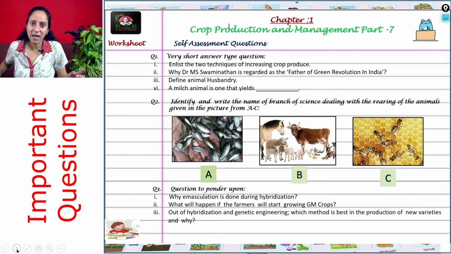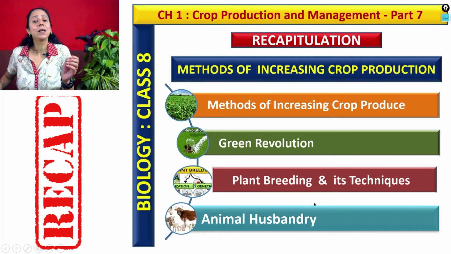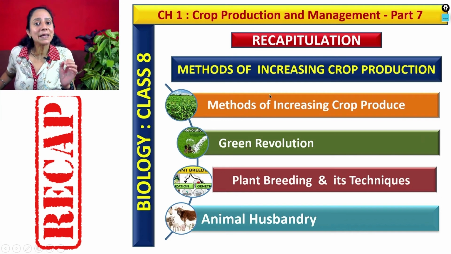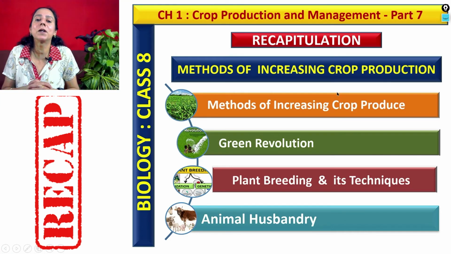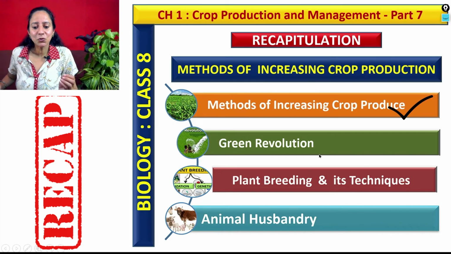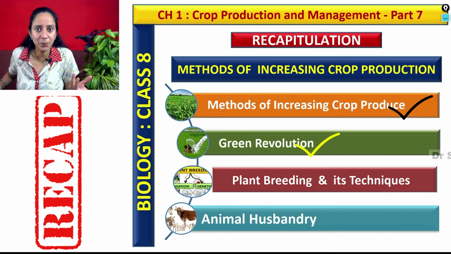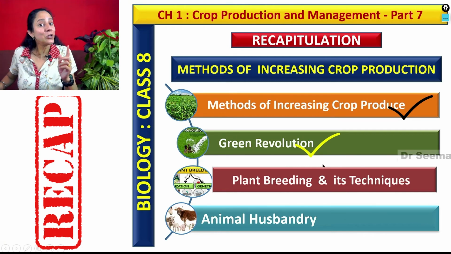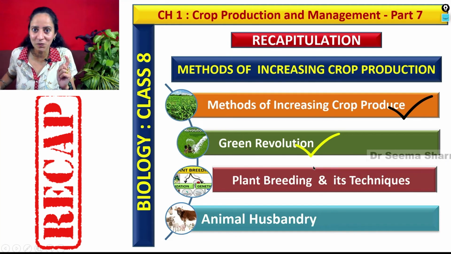So now it's time to summarize. In today's video, my students have learnt about different methods of increasing crop produce. You also came to know about Green Revolution, when it started, who started it, and what was the end product of this revolution. You also got a glimpse of Rainbow Revolution.